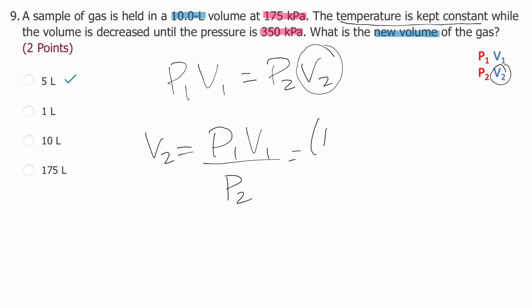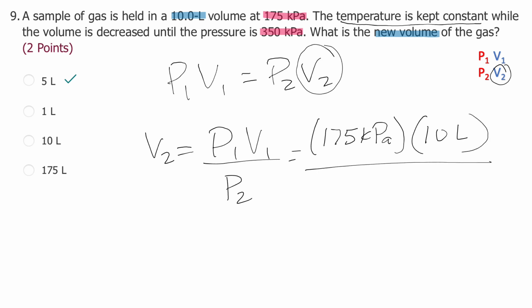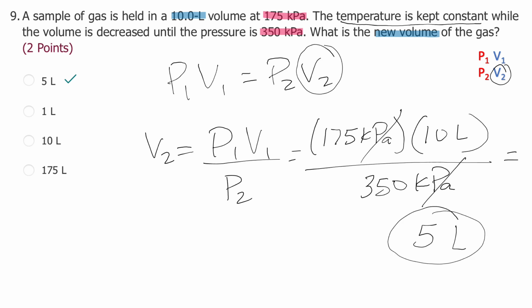So pressure 1 is 175 kPa, volume 1 is 10 liters, and our final pressure is 350 kPa. So kPa is going to be canceling out, we're going to be left with liters. 175 times 10 divided by 350 is going to give you 5 liters, and that would be your answer.